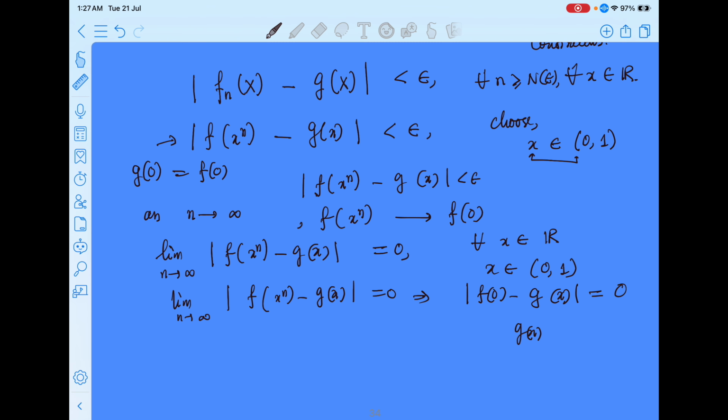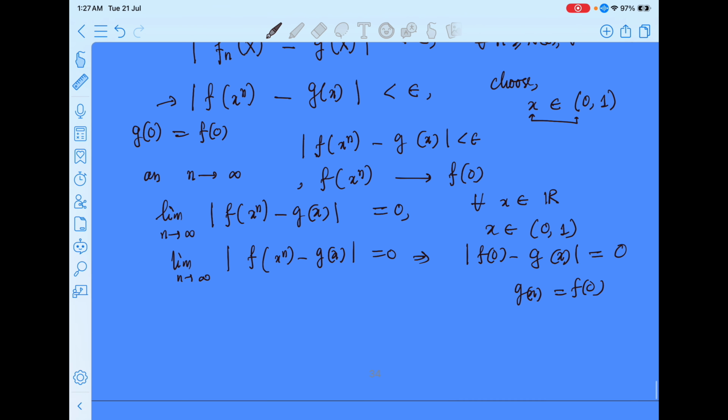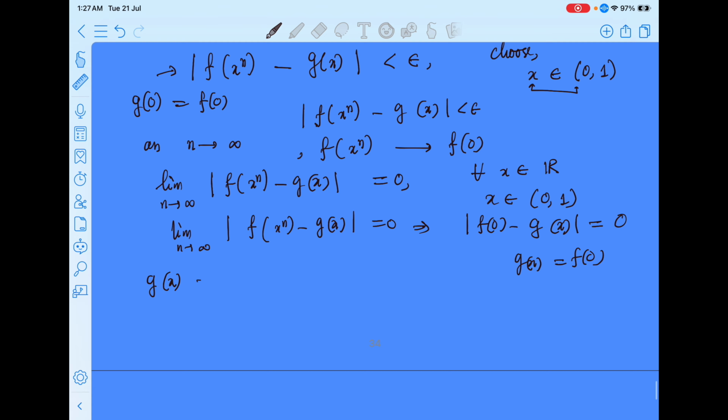So g(x) equals f(0) for all x inside the open interval (0, 1).